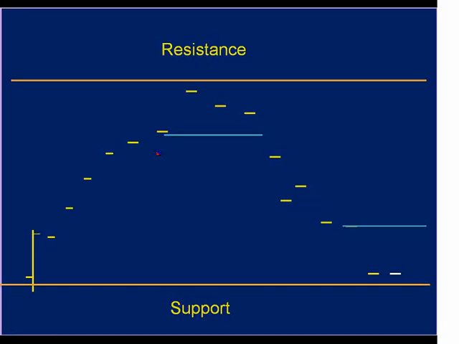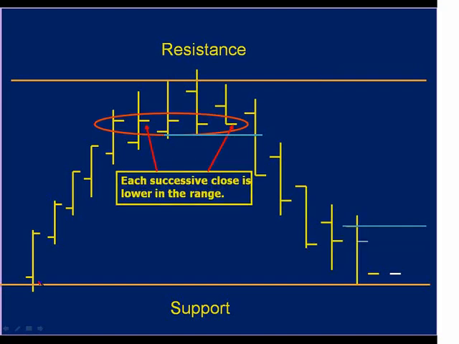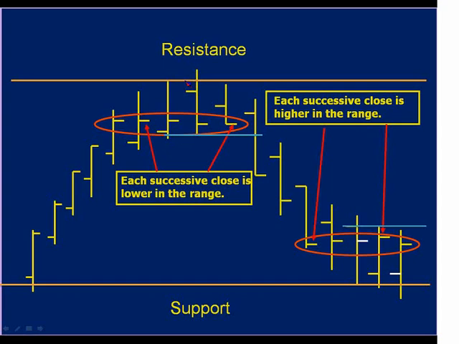Now, in a range bound market, if we have our 2 areas of support and resistance, you would see that the prices start from support and bounce up and start moving up until they get to the resistance area. This move from the support to the upside is considered a small trend.